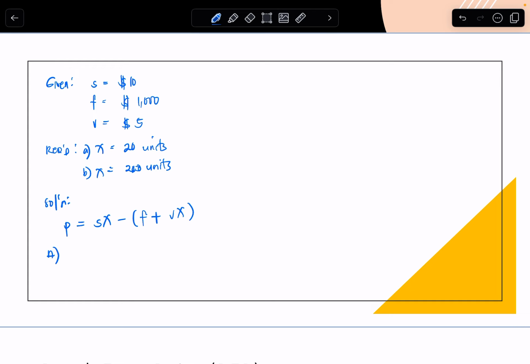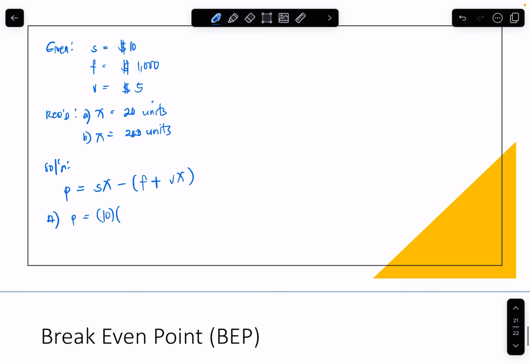For letter A, if there are 20 units, the profit will be: selling price is $10, X would be 20, then minus 1,000, plus V is 5, X would be 20. Is that correct? So X is 20.